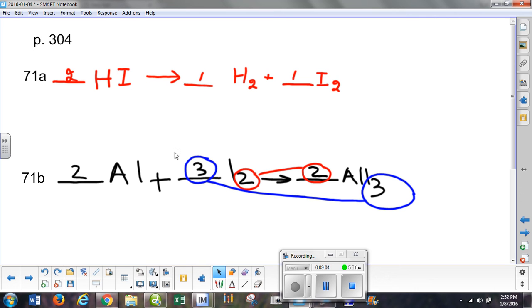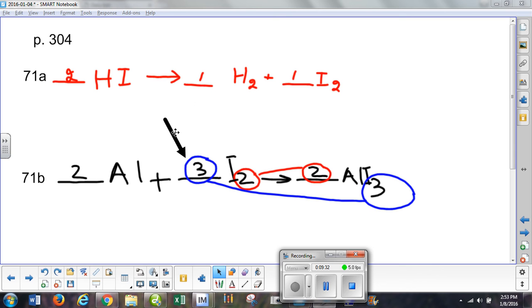And the logic on my balancing on this one that I like to use is we have iodine here. This is iodine and this is iodine. The way it was written, it's not totally obvious. Just a moment, I'm going to get a pointer.